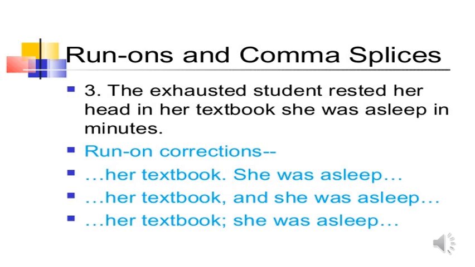Another correction: the exhausted student rested her head in her textbook, and she was asleep in minutes. The third correction is to say, the exhausted student rested her head in her textbook; she was asleep in minutes.